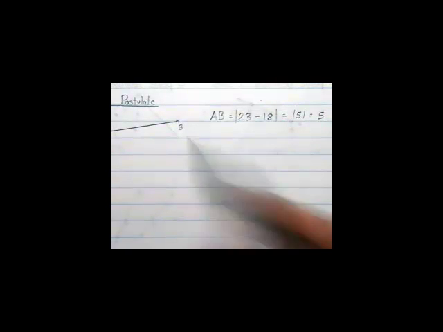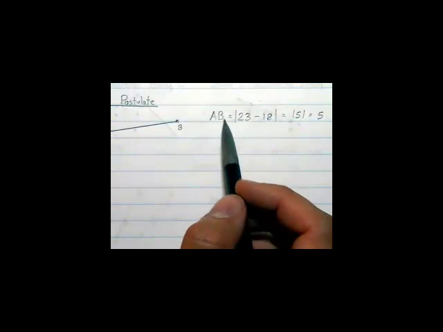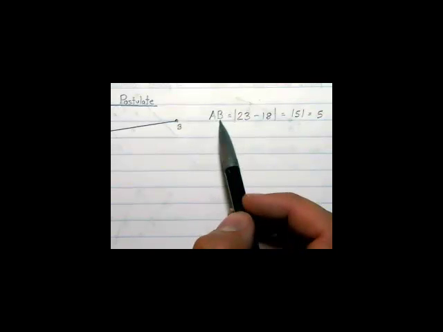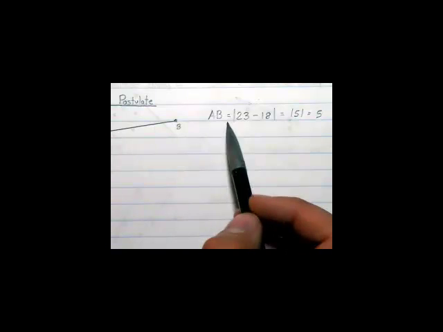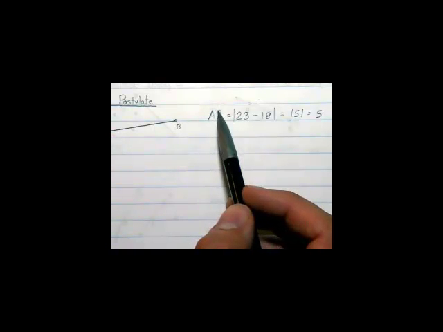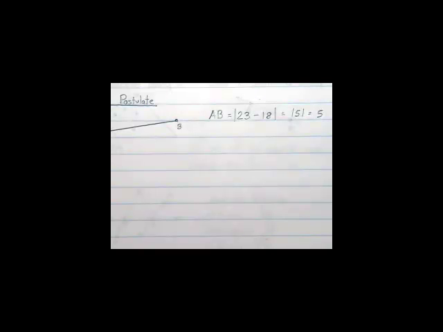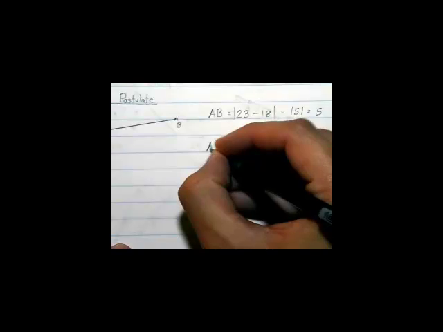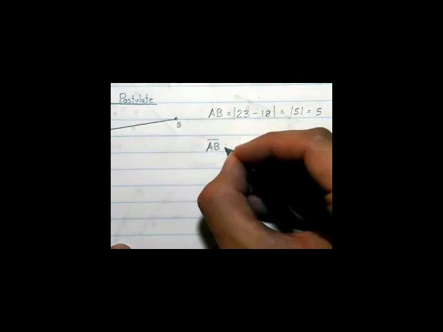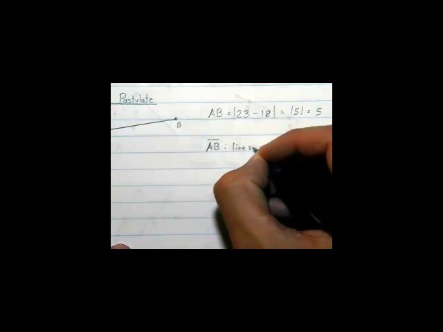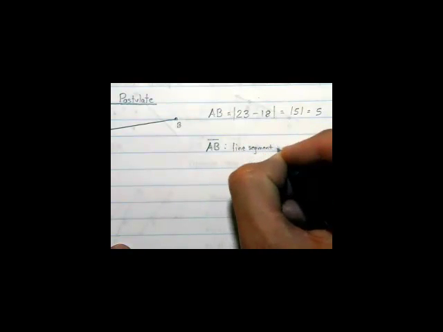Now, while we're doing this, though, it's important to note a little notation thing here. This AB. Notice how we're talking about line segment AB, but I didn't put the little bar on the top this time. Okay, do you guys know why I didn't do that? Okay, I'll tell you. AB with the bar refers to the segment. So this is line segment AB.